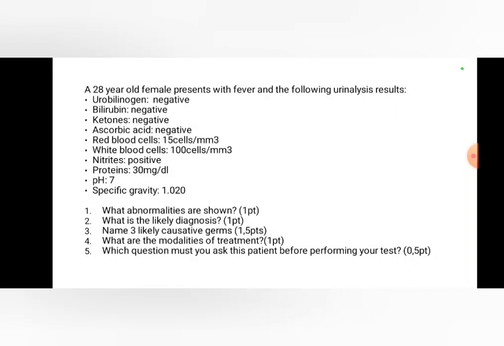Conjugated bilirubin is more soluble in water, so it is going to be secreted in urine. And in a patient that has high conjugated bilirubin, there is not going to be any urobilinogen in urine.